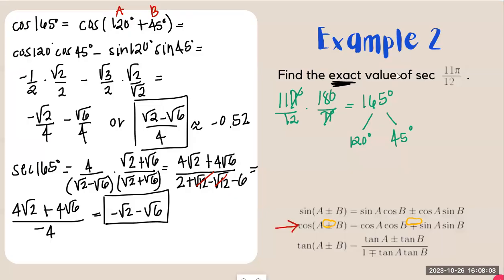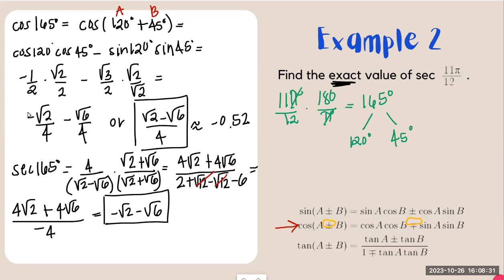Okay, I'm glad I checked my answer because I did find a mistake. The cosine of 120 is negative. The cosine of 45 is positive. Sine of 120 is positive. Sine of 45 is positive. When we multiply here, we get a negative. Oh, right here, I found the mistake.